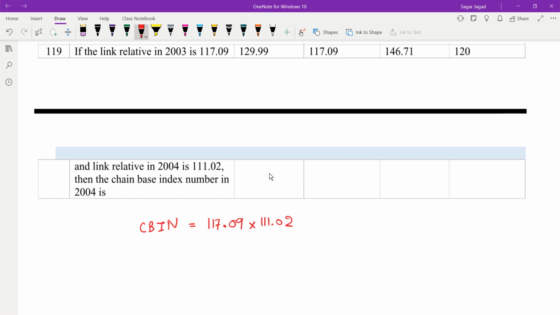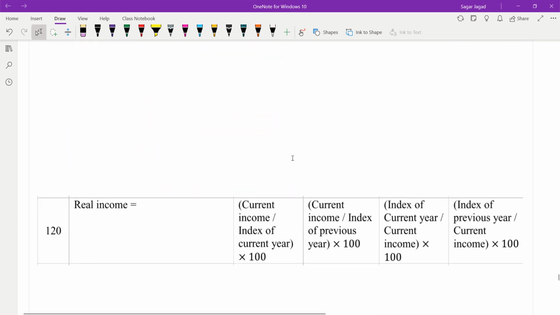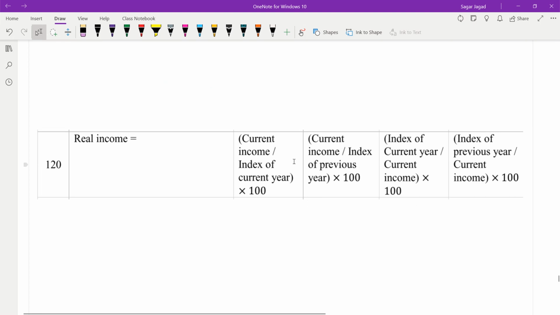We have to multiply the link relative for that year with the link relative of the previous year and divide it by 100. If you multiply it and divide by 100, the correct option would be 129.99. I have already calculated it, so you can still verify it using a calculator. Okay, it was an easy question. Now comes the real income.